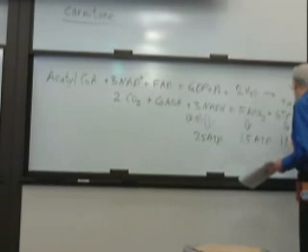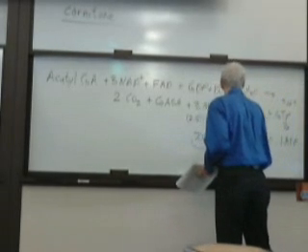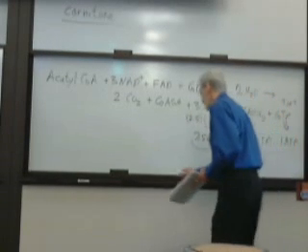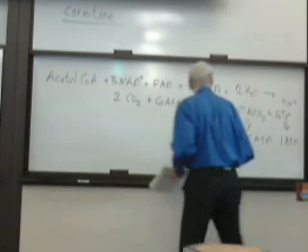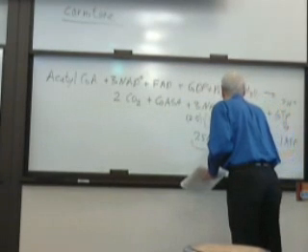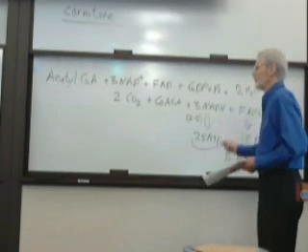So that's 1 more ATP. You put all these guys together, and the net yield is going to be 10 ATP molecules. Okay? So that's going to be our net yield.